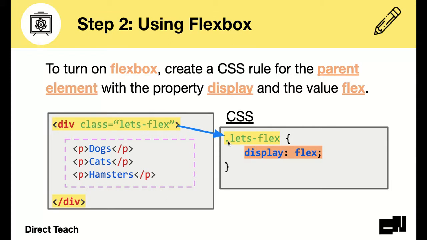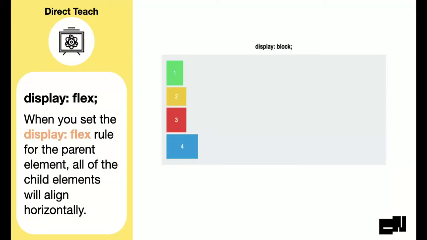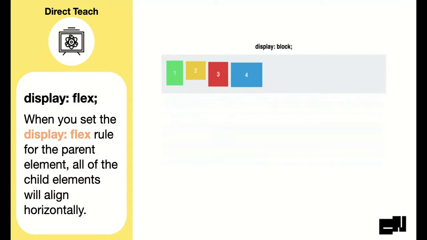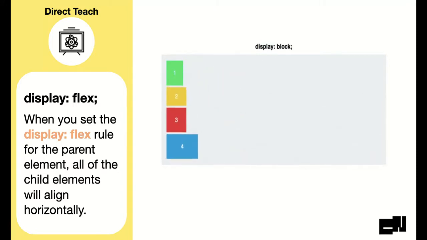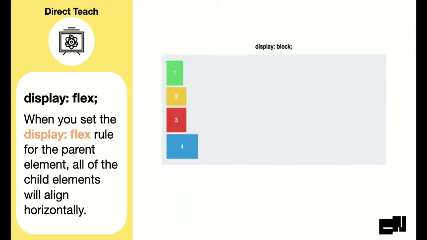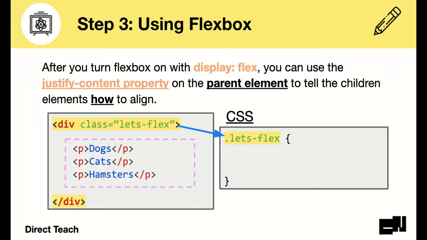Remember, we have the dot because it's a class. And so as soon as we put in display flex, it's going to align all of the children within that parent element horizontally. That's the basic thing, you're just making things go horizontal.